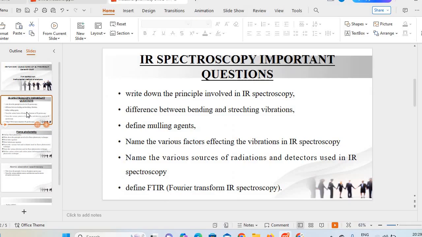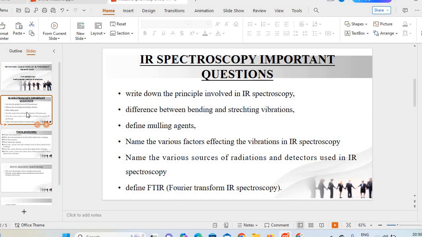So let's start. The first analytical technique of the second unit is IR spectroscopy. What are the important questions that can come from this topic? First is: write down the principle involved in IR spectroscopy. The examiner can ask what principle is involved in this analytical technique.